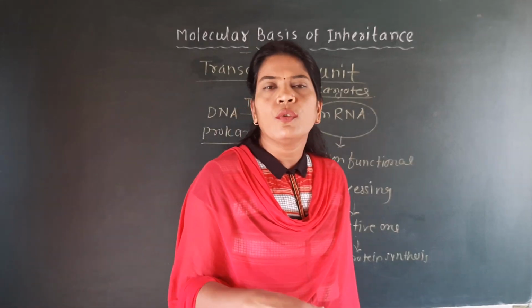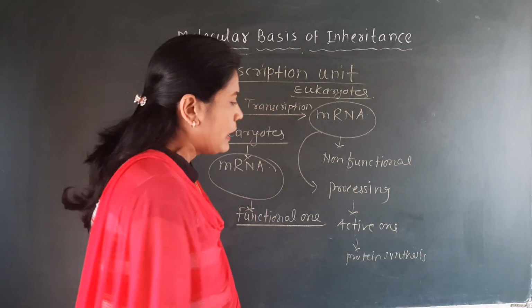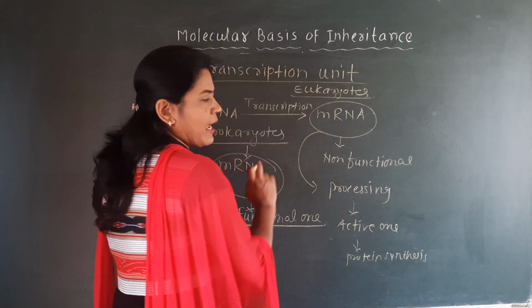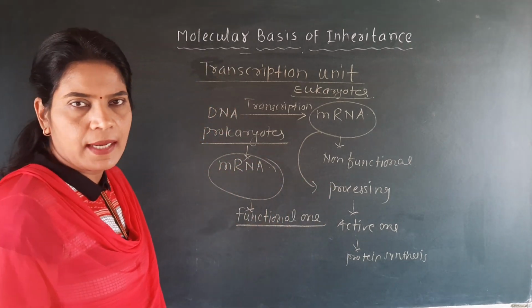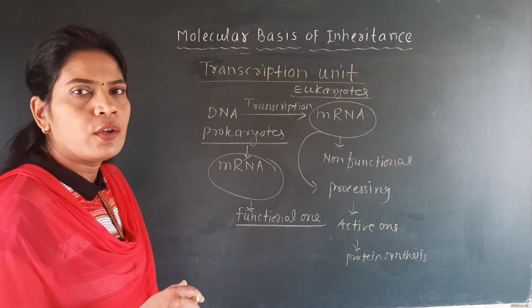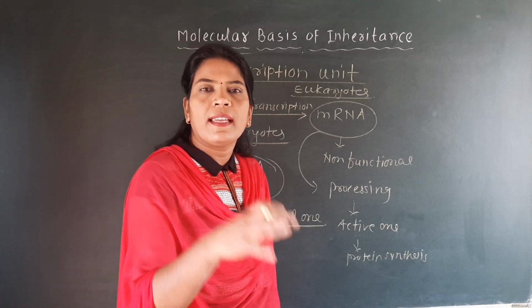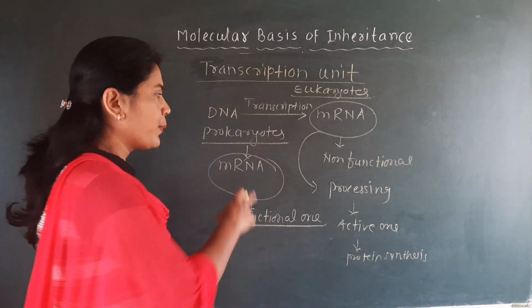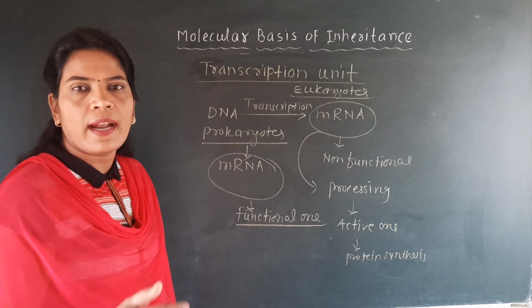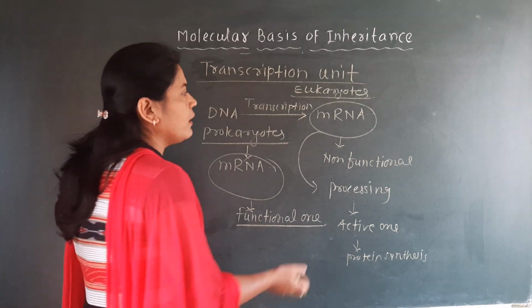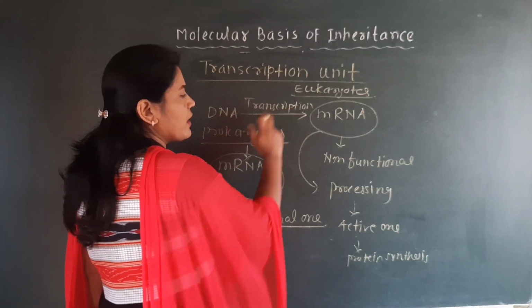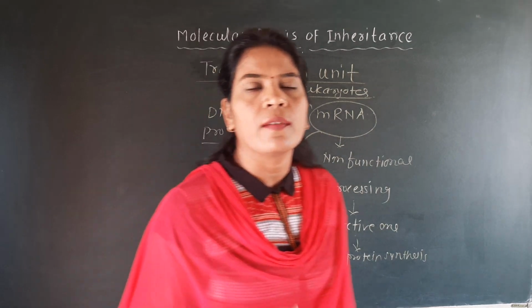So it does not undergo processing like the eukaryotic cell, and that's why you will not find mRNA processing in prokaryotes, but you will find mRNA processing in eukaryotes. It is a major difference between eukaryotes and prokaryotes.